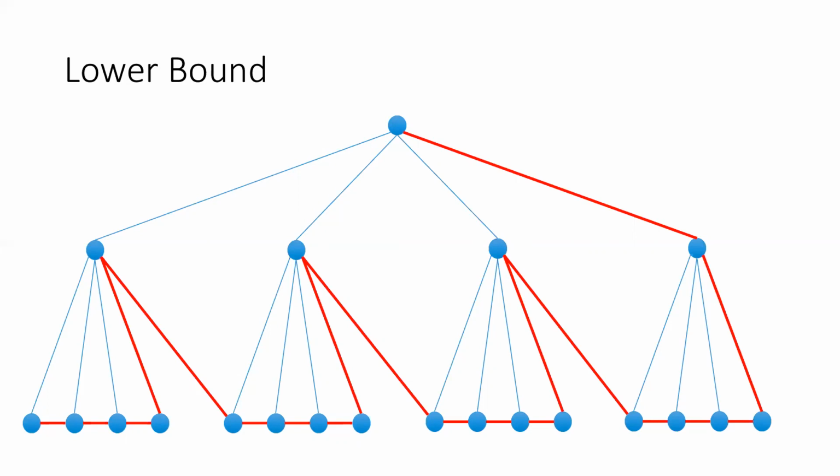And the argument is that if it contains many edge disjoint low diameter spanning trees, then it contains many edge disjoint short paths that go from the left bottom node to the right bottom node. But if you want to go quickly from the left bottom node to the right bottom node, then you have to go levels up and use the high level edges.